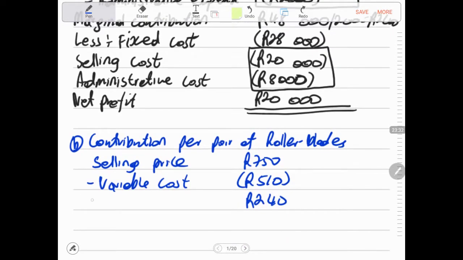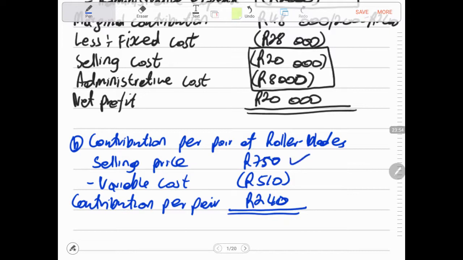So now we have our contribution per pair of roller shutter blade, which is 240. Now remember, we have our income per unit. For every unit we sell, we receive 750. And there are variable expenses per pair of roller blades, which come up to 510.